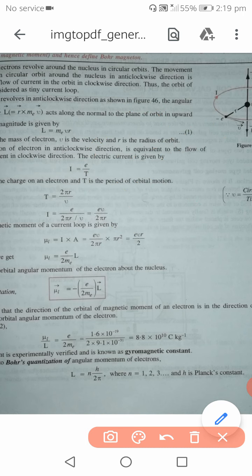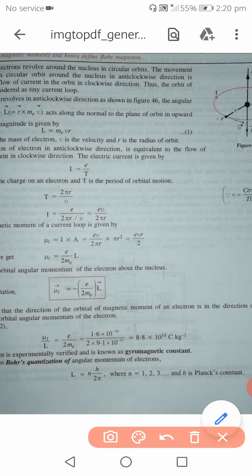Now this is another expression of mu, but we can express it in vector form also, putting one vector here and one vector here, with a negative sign for the negative charge of the electron. Then as L comes down, mu l by L, on the right-hand side, forgetting the negative sign, the magnitude is e by 2m.